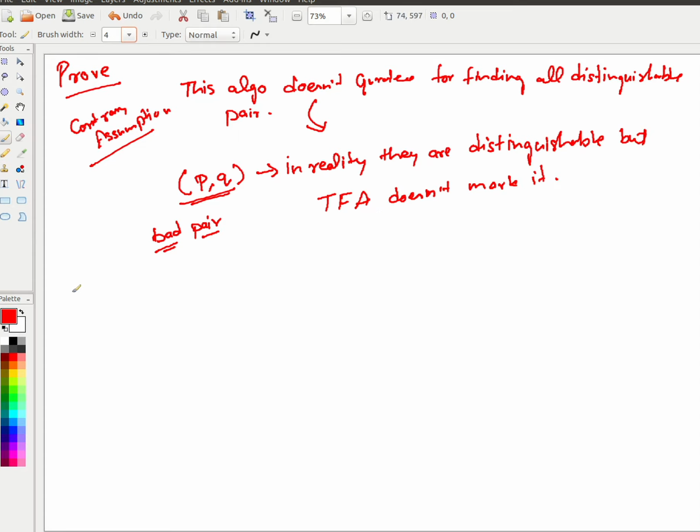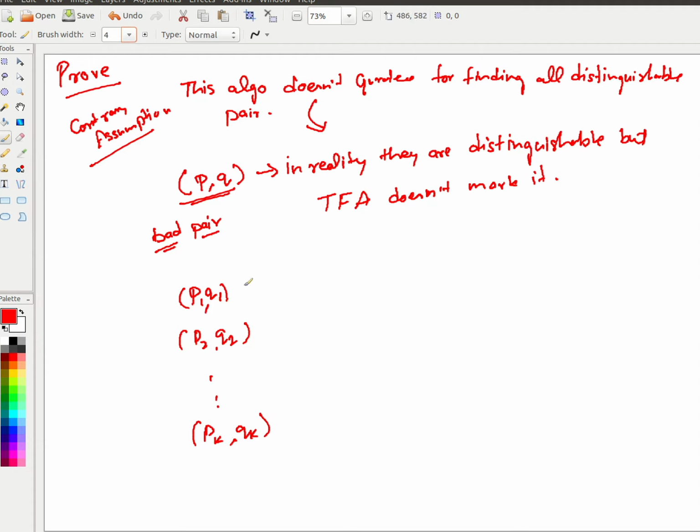So for a given DFA, let's say that there are multiple such bad pairs: there is a P1, Q1, a P2, Q2, and likewise up to some PK, QK. The table filling algorithm was unable to mark them as distinguishable, but these are distinguishable.